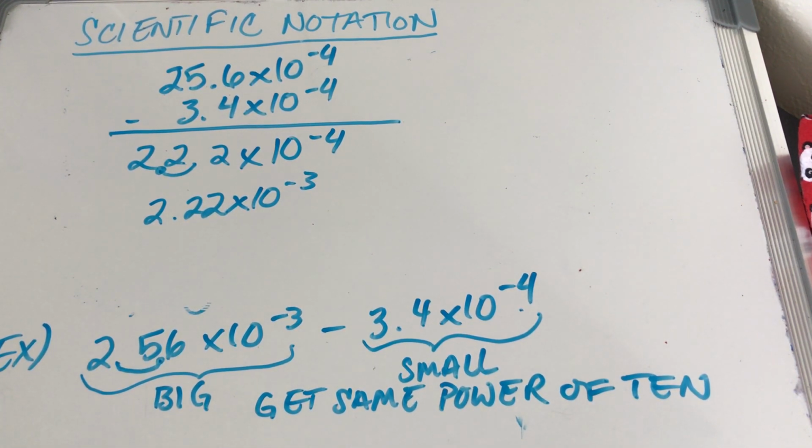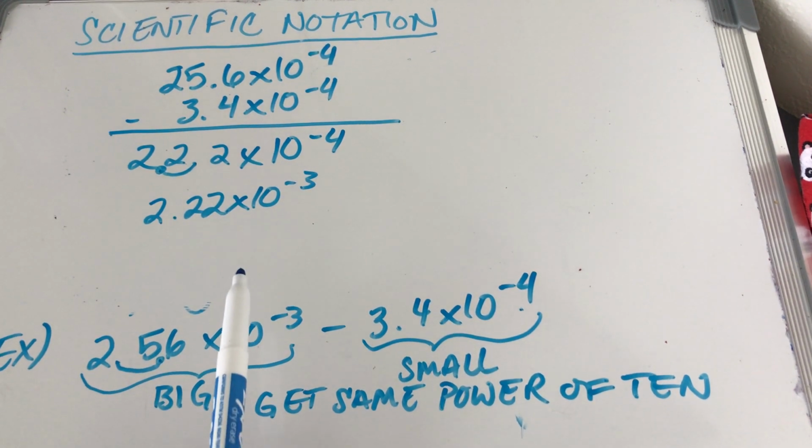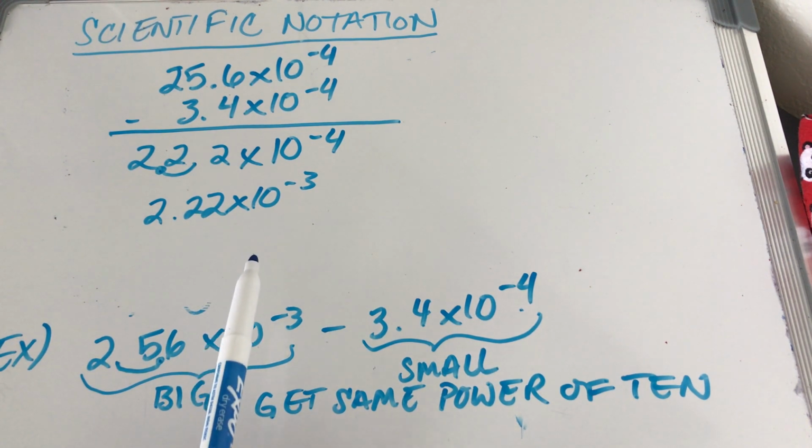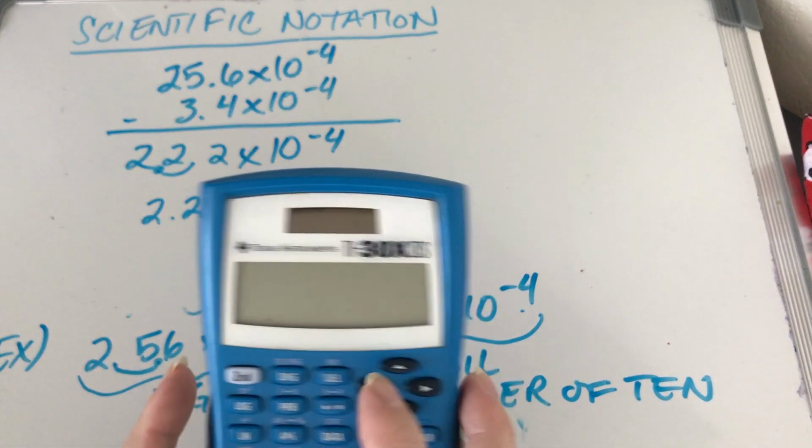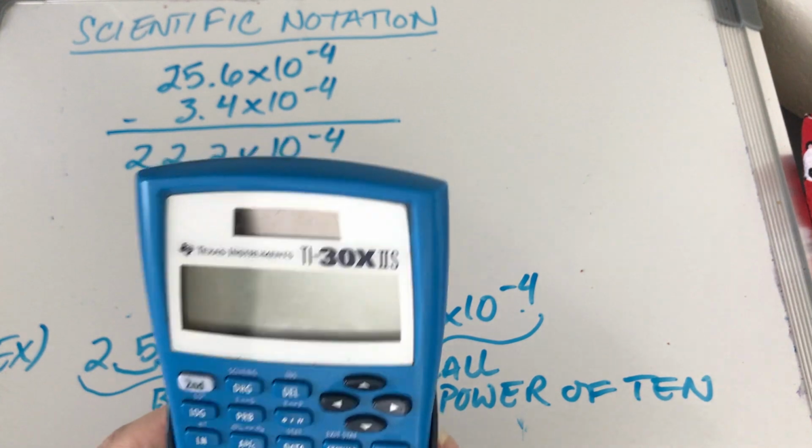So, again, it's not super difficult, but if you're not confident with scientific notation, it's really easy to mess this up, right? So, I want to do it in the calculator because I think that's probably the easiest way to do it, as long as you know how to use your calculator.